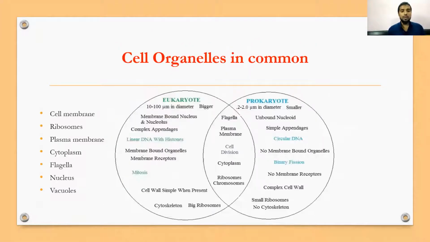Moving on, what are the cell organelles that are common? All these are the characteristics of eukaryotes, and this one is the characteristics of prokaryotes. This is a Venn diagram that highlights the common organelles present. First is flagella. Flagella are hair-like projections which help in the movement of a cell.